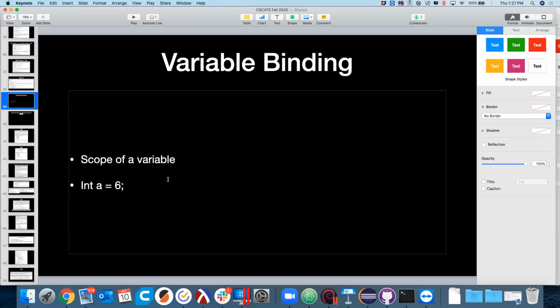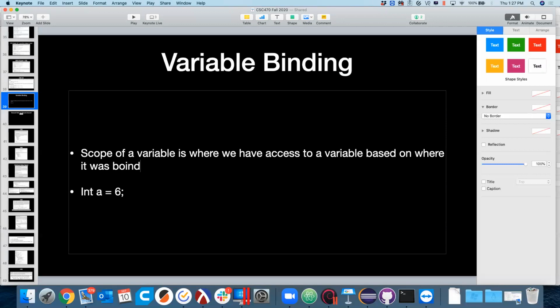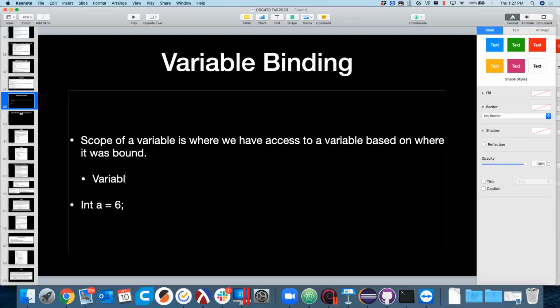Whereas scope is where we have access to a variable based on where it was bound. And then we'll throw out there, variables always resolve to their most local definition. Put that in caps, most local.